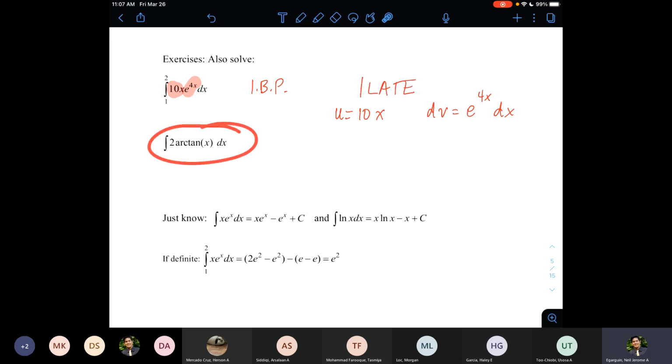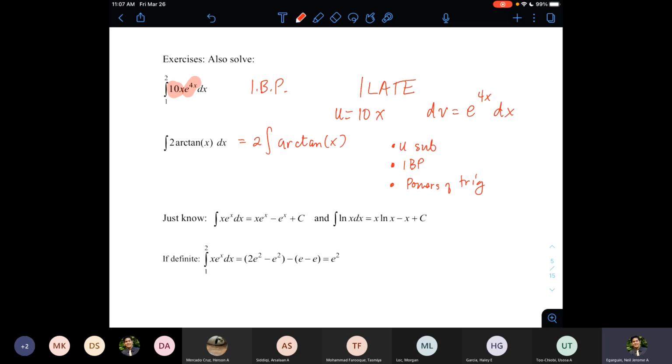Now for this problem, it seems that you don't have a product, because you can think of it as 2 times the integral of arctan of 10x. We only have a finite number of choices, right? So u sub won't work. The other is IBP. And then the other ones are powers of trig, which won't apply here because we don't have a power of trig function here.